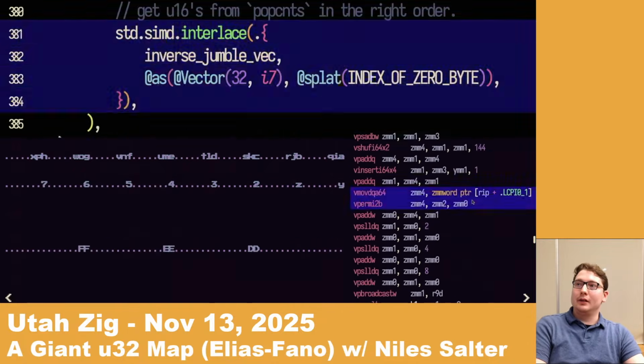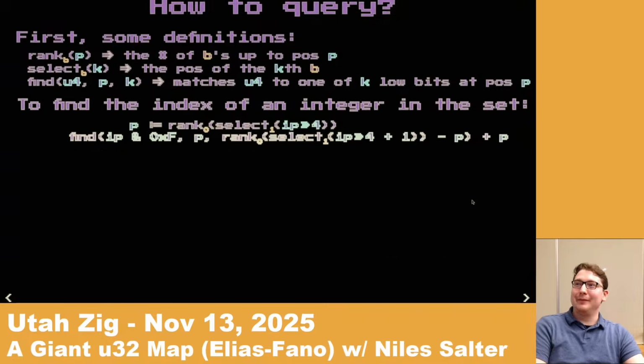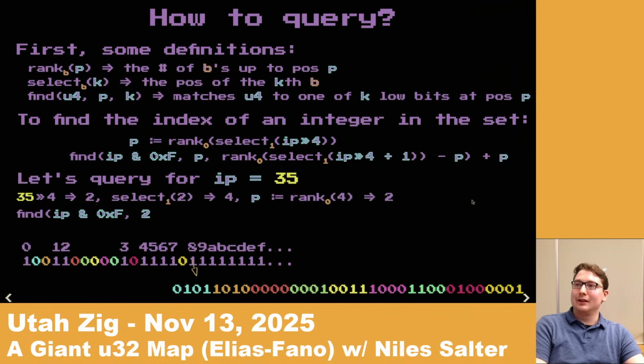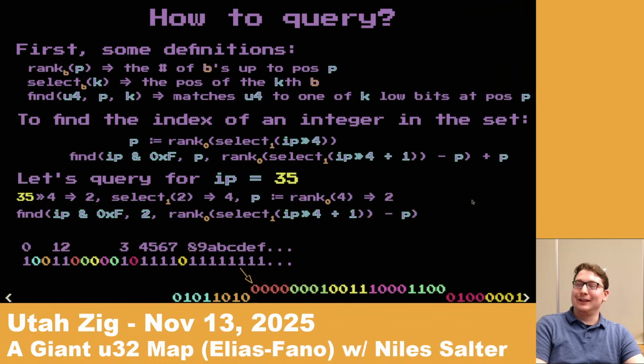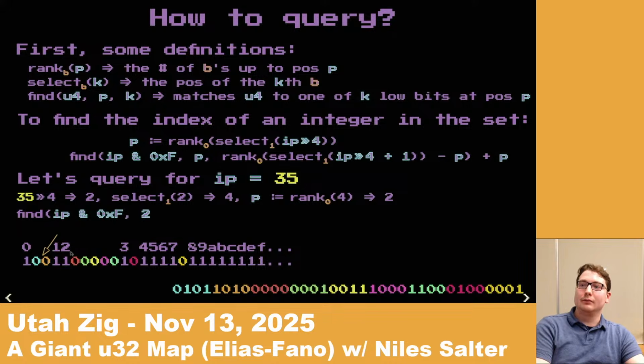Let me show you in the diagram. Wait, don't go back. I just want to show you this diagram. Well, look, I want to explain the answer to the question. So what we do, when we take this IP address 35, we find out which bit corresponds to the upper 28 bits, which is this 2, right there.